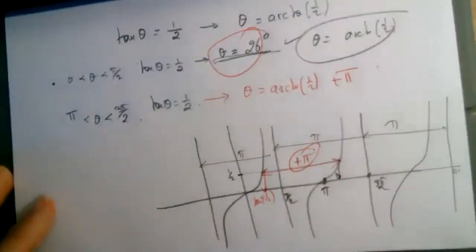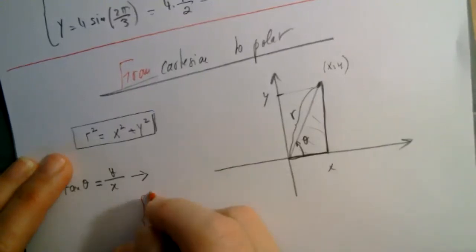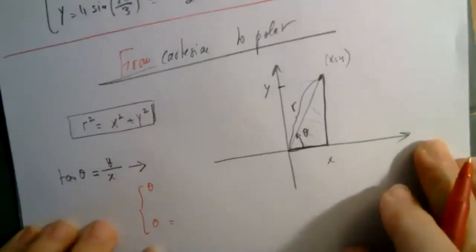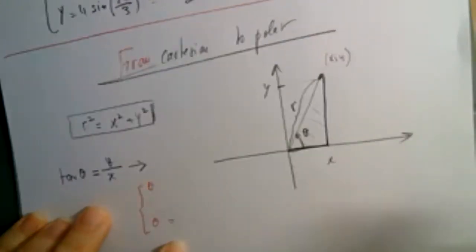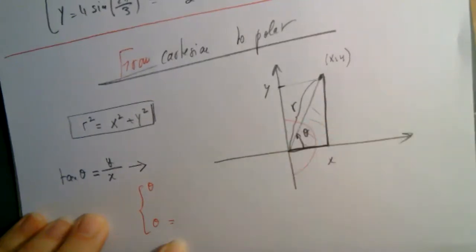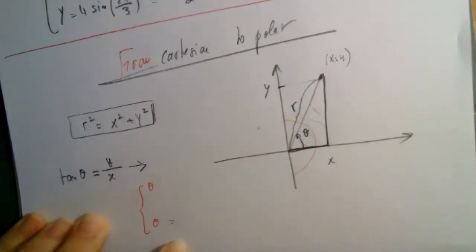So now I go back to what we were doing. What is tangent theta? It's y over x. Where theta is really depends on which quadrant it is in. The calculator only gives you the angle from here to here; if the angle is elsewhere, it doesn't give it to you, only up to a pi.